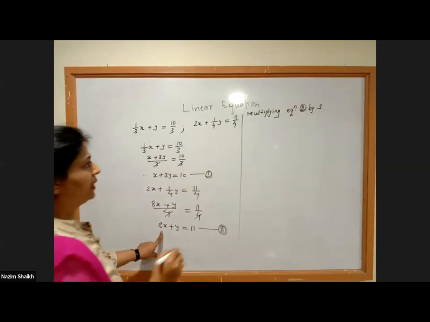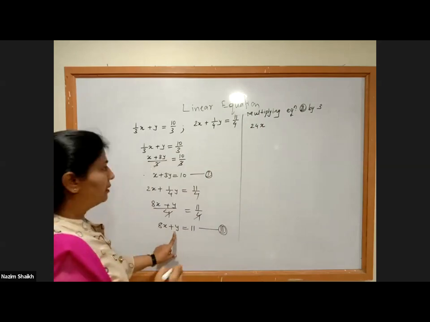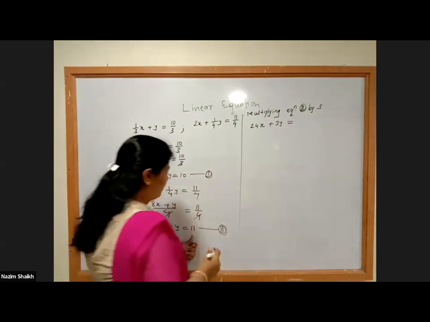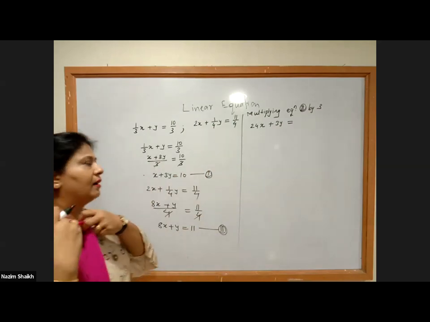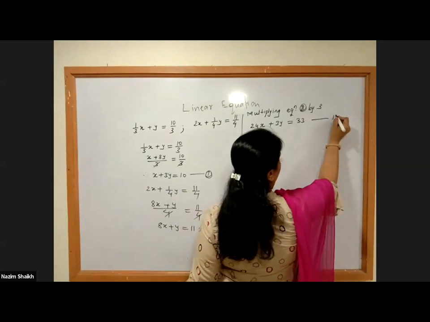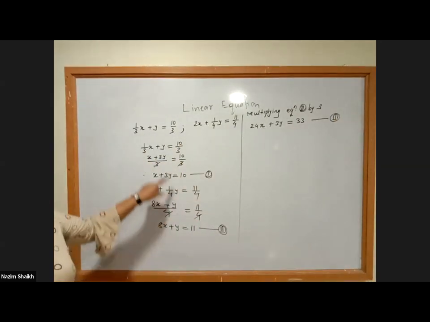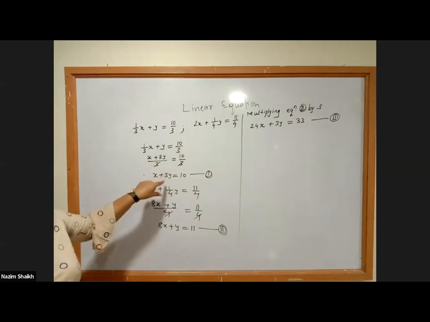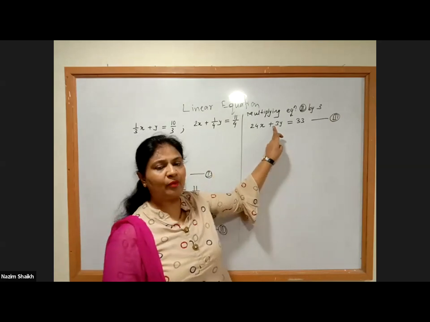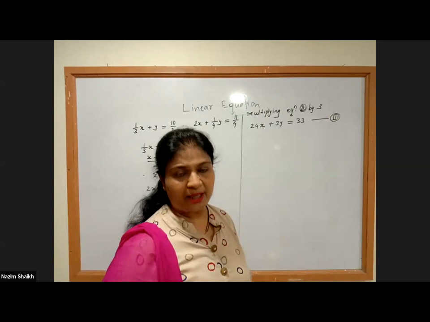So what I'm going to get? 3 eights are 24x. 3 into y is 3y is equal to 3 11s are, yes, 33, and I got the equation number 3. Now equation 1 has 3y, equation 3 has 3y. अब आपके पास दोनों y same आ गए. You can do the next step.